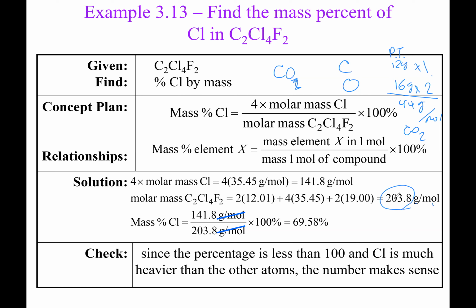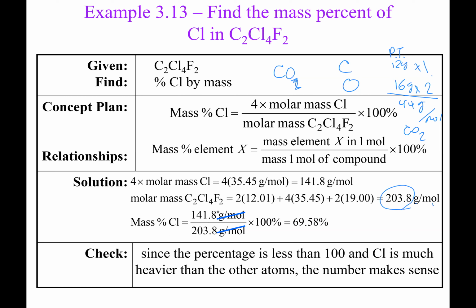And then when you're finding the percent mass for an element, or elemental analysis, you would say mass of that element in this compound. You cannot just say 35 for chlorine because the periodic table shows 35 for chlorine. In this example that we have on the slide, for every mole of C2Cl4F2, we have 4 chlorines.